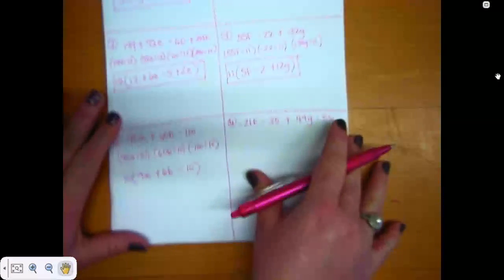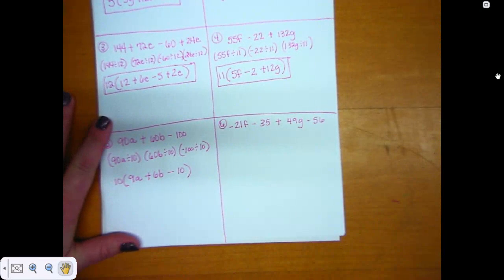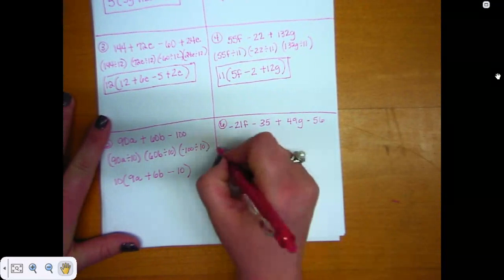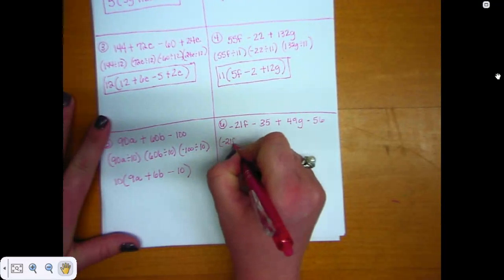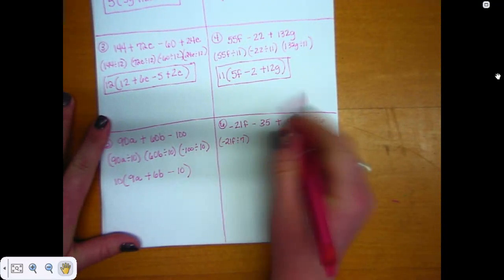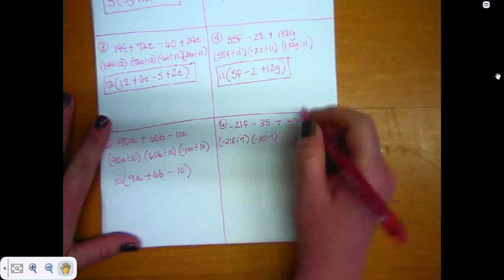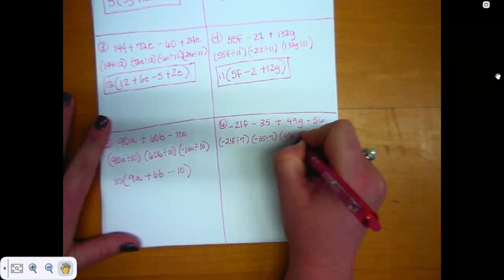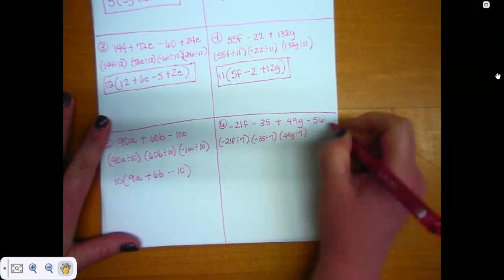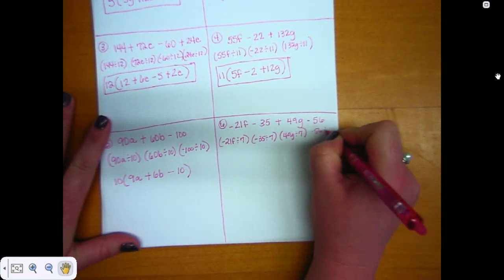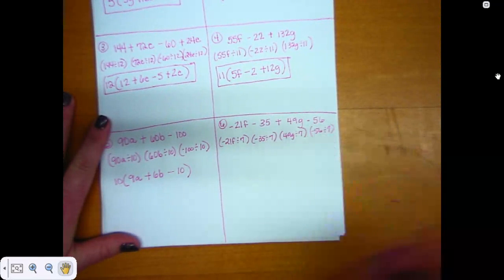And last but not least, we have number 6, negative 21f minus 35 plus 49g minus 56. I notice that all of these have a common factor of 7. So that would be negative 21f divided by 7, negative 35 divided by 7, 49g divided by 7, and negative 56 divided by 7.